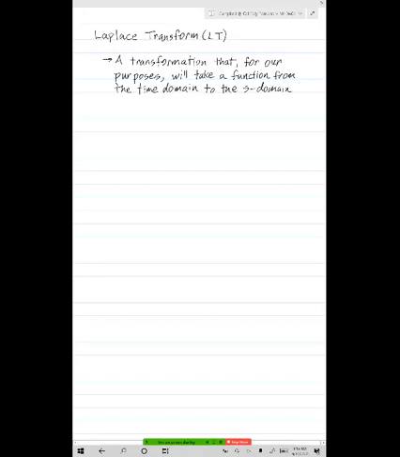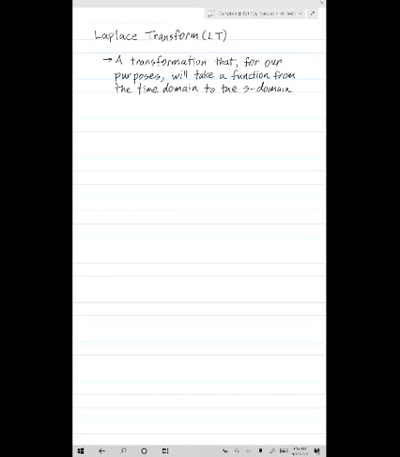though generally the S domain is called the frequency domain, even though, and we'll discuss that later, the frequency domain isn't exactly the right term, but nonetheless it is one that is very commonly used when we're discussing this kind of transformation.